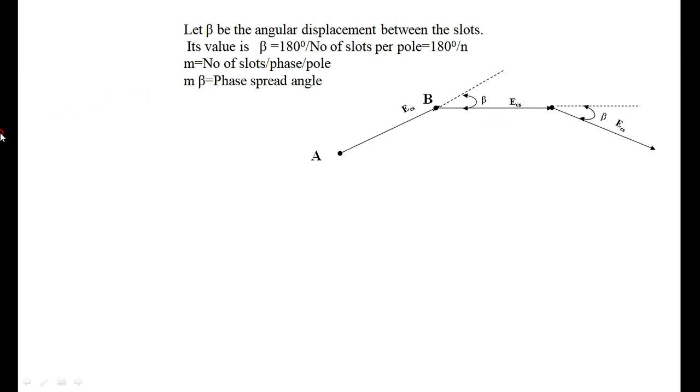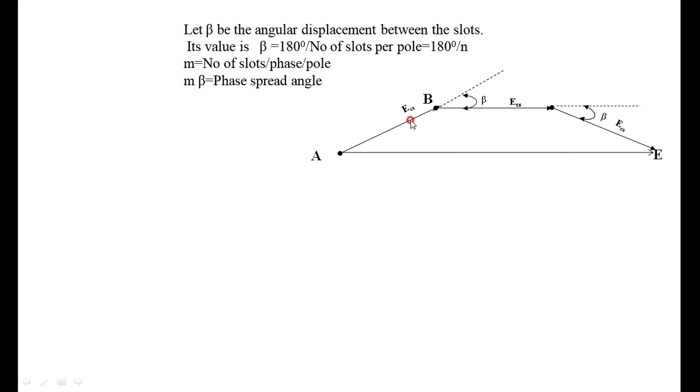For the previous example I got m equal to 3, therefore 1, 2, 3. Or if m is equal to 6, then such 6 vectors are added with a phase displacement of beta with each other. Then from starting to end what we get is the total resultant voltage.